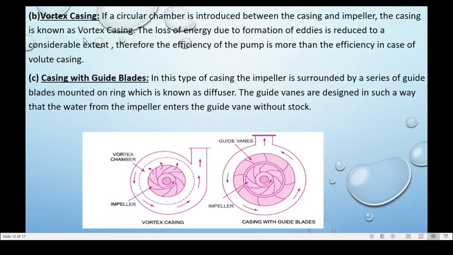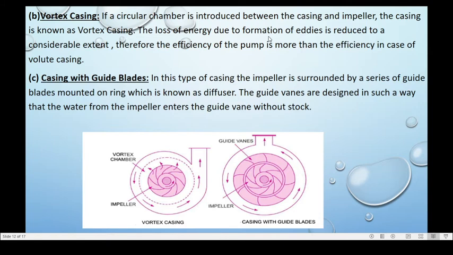Next is the vortex casing. Here a circular chamber is placed between the casing and the impeller. If a circular chamber is introduced between the impeller and the casing, that is known as a vortex casing.